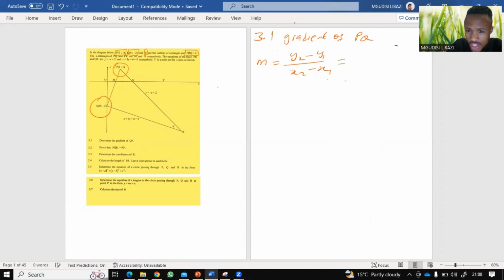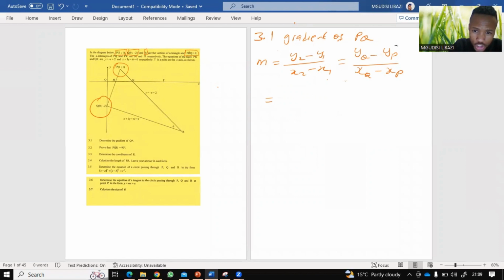Or we can write this as yQ minus yP, all over xQ minus xP. It doesn't matter if you write yP minus yQ divided by xP minus xQ. I'm going to use the first one.